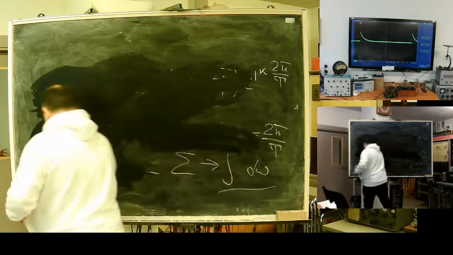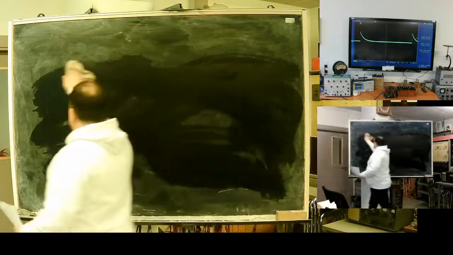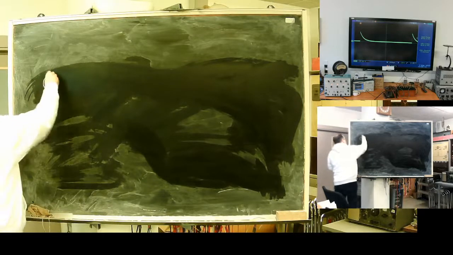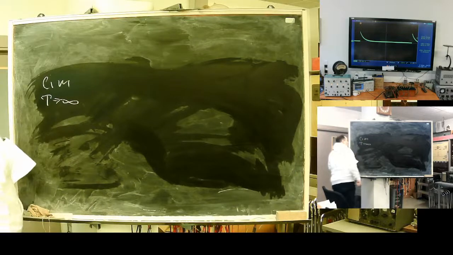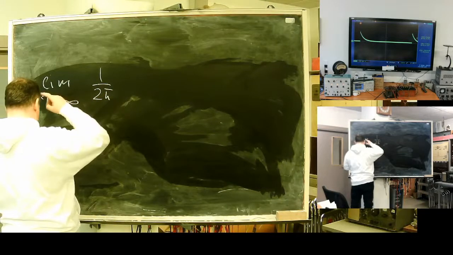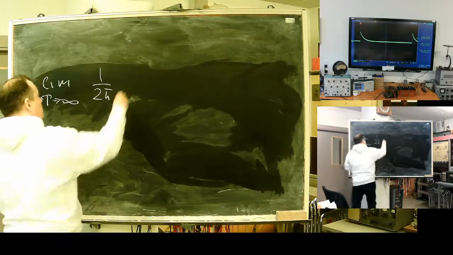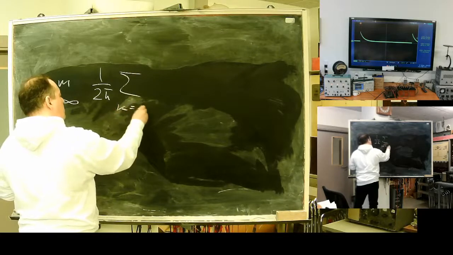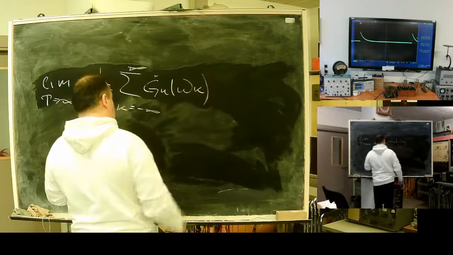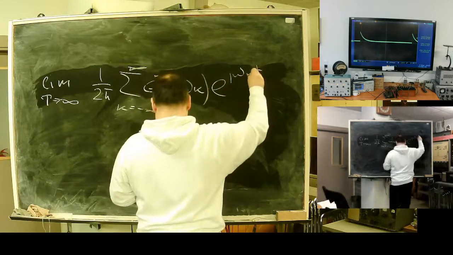Let me free some space. So, I can write that when I push the period to infinity, I'll need the sum from minus infinity to infinity of values of the spectral function at a frequency omega, e to the power j omega t.